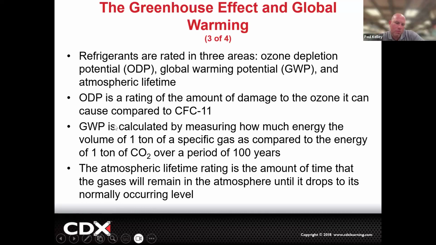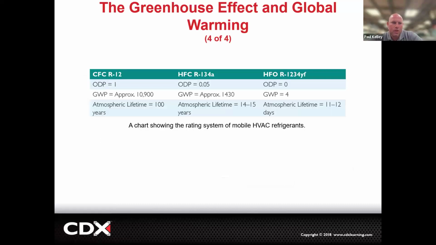Again, a high number would be bad. And then the atmospheric lifetime is just the amount of time: how long will the gas remain in the atmosphere doing these horrible things until it stops damaging stuff.